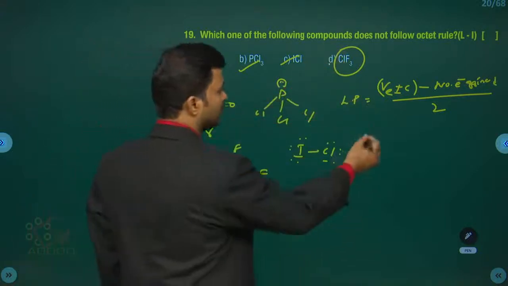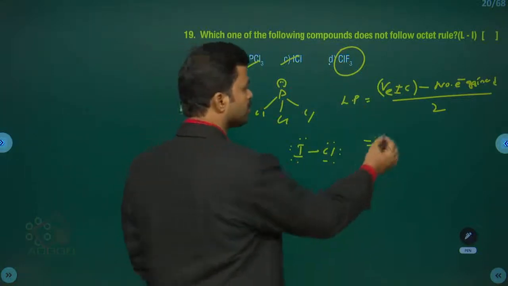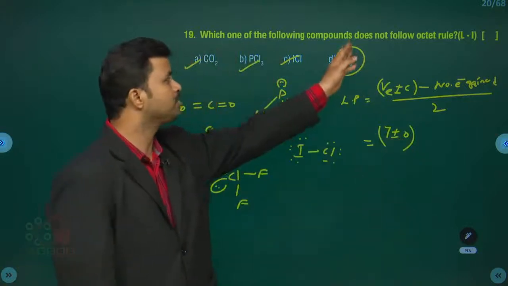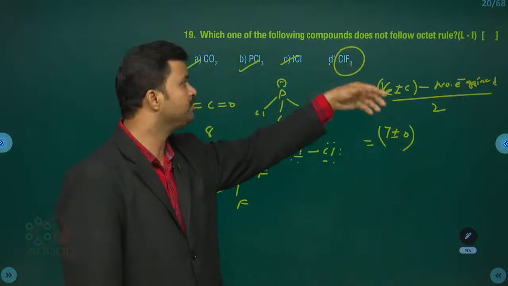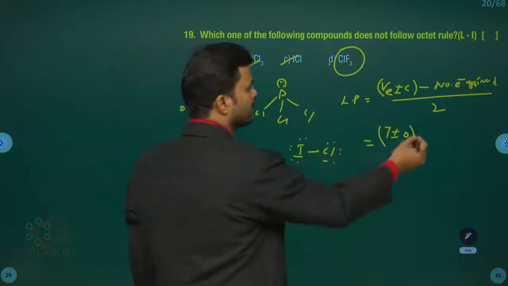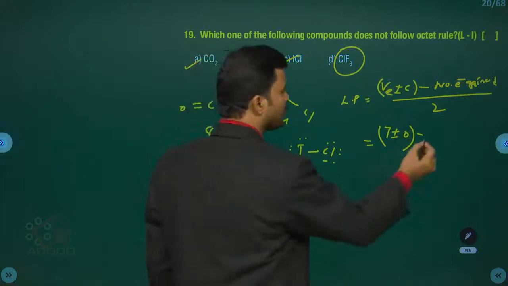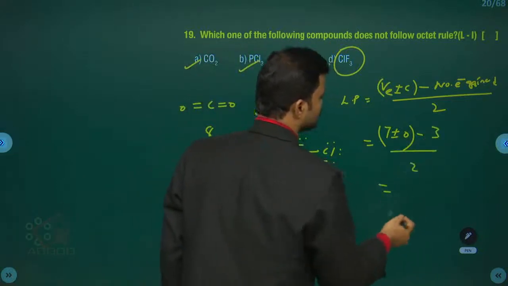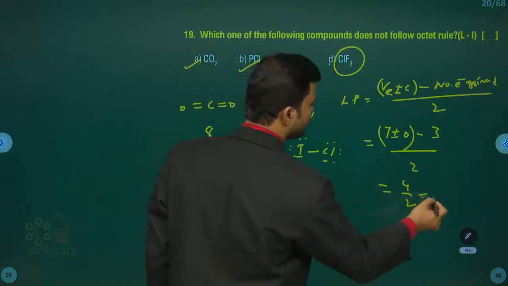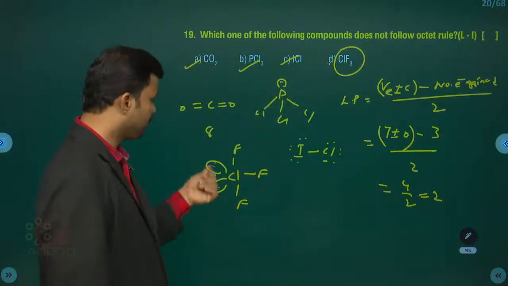No. Chlorine, which group element is it? 7th group, so write 7 there. There is no charge on it. If it is a positive charge, remove the electron. If it is a negative charge, add electron. One fluorine is providing 1 electron, so 3 fluorines will provide 3. So the number of lone pairs we get is 4 by 2, that is 2 lone pairs on the chlorine atom.